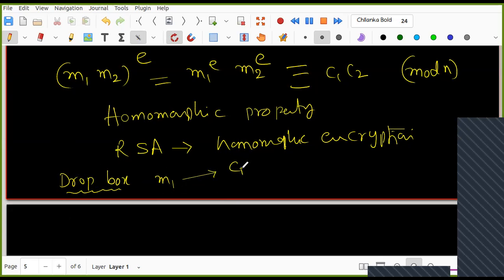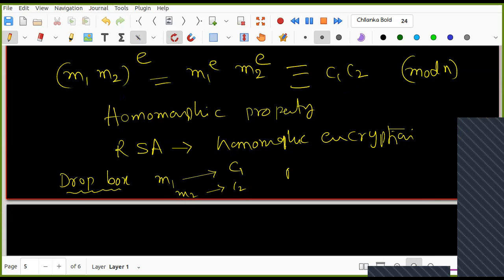Otherwise, you give some information, like a link or something. Similarly, M2. But you want to do something with these C1, C2, right? Instead of getting them back, you do it right there. So that is the advantage of homomorphic encryption: without actually getting back M1, M2, we do it directly.